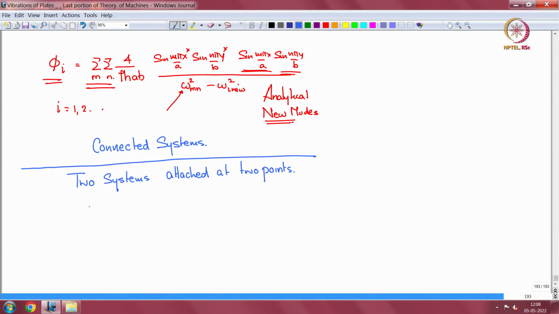We have system A again, point 1 on system A, point 2 on system A, and then system B, point 1 on system B, point 2 on system B. They are connected.